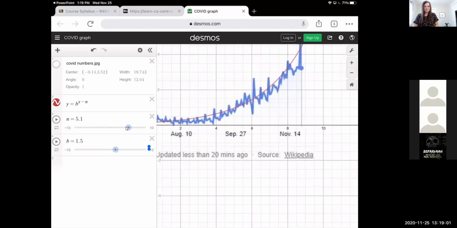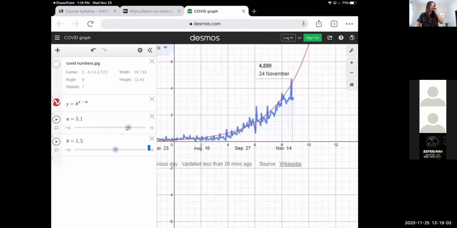So even though the scale is different, it looks like, on average, we have about 1.5 as a multiplier currently. And you want that to be as close to 1 as possible, because what happens when you have a base of 1, so 1 to the power of x is just going to stay 1, right?